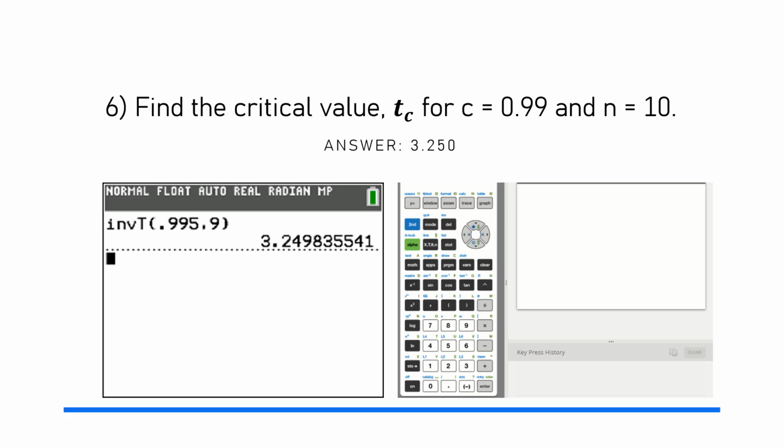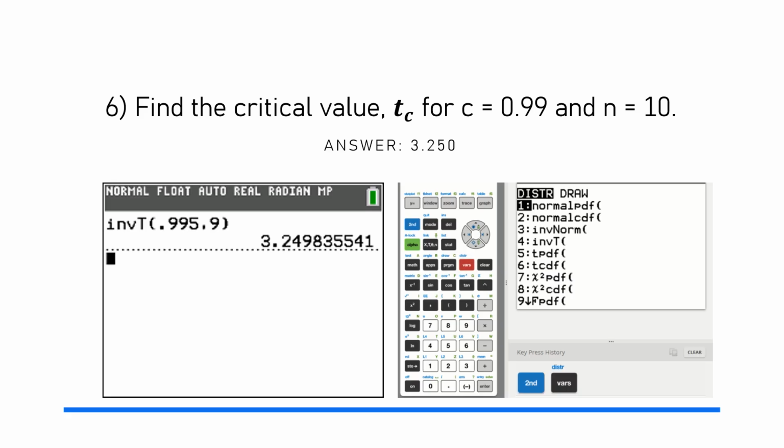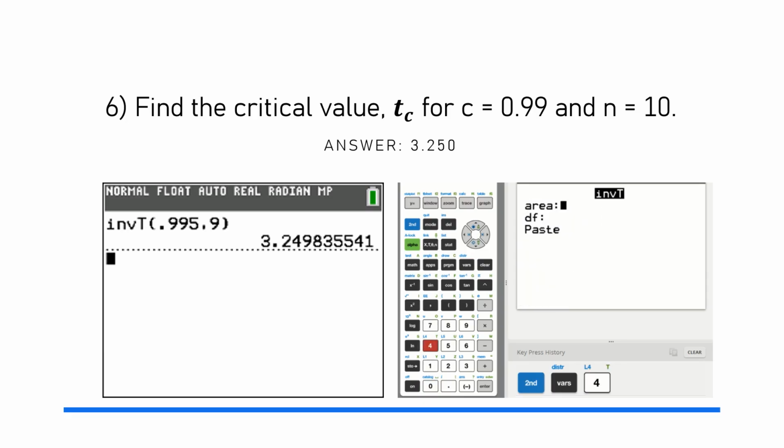So the difference there is we're going to go to second vars, and instead of number 3, which is inverse norm, that's a z kind of situation, we're going to go to number 4, which is a t kind of situation. So the area that we are looking for, if it's 99% confidence, then that means that, again, we have 0.99 and then also 1% in the tails, which means 0.5% in one of the tails.